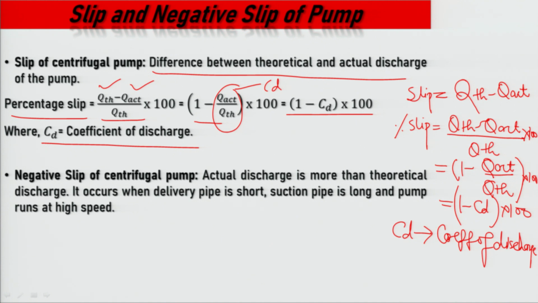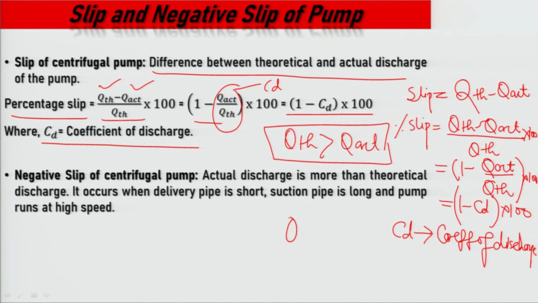In most of the cases Q theoretical is greater than Q actual, but in a few cases Q actual is greater than Q theoretical. If such a case occurs, what is the value of CD?